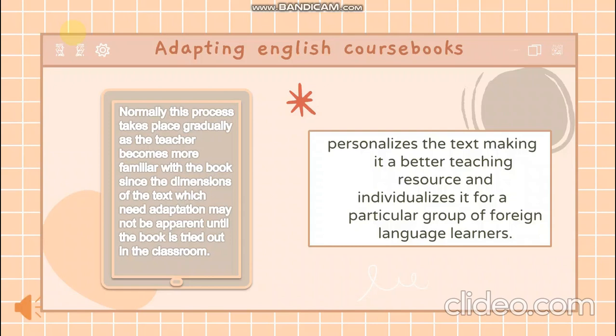Normally, this process takes place gradually as the teacher becomes more familiar with the book, since the dimensions of the text which need adaptation may not be apparent until the book is tried out in the classroom.